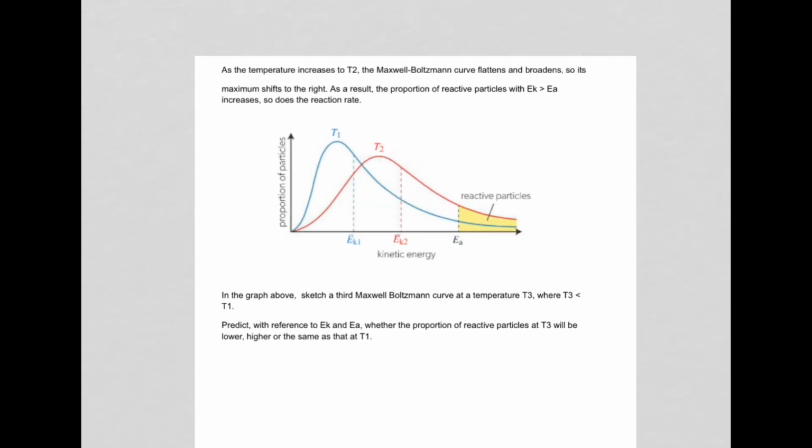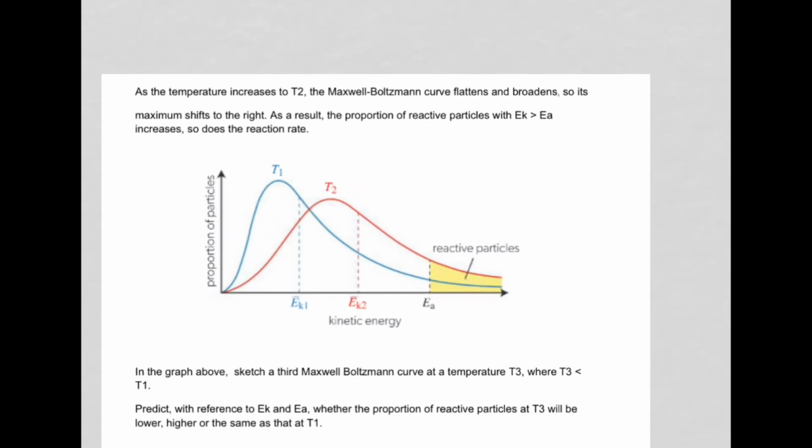So the more you increase the temperature, the curve flattens and broadens, so the maximum shifts to the right because you're going to have more particles with high value of kinetic energy, and the proportion of particles with energy equal to or greater than activation energy increases.